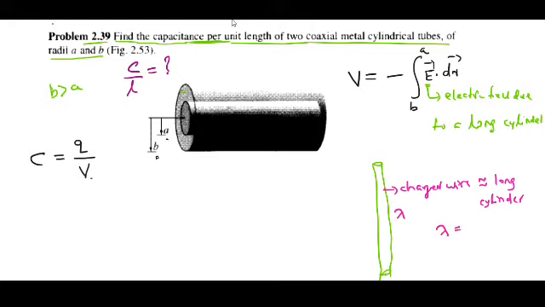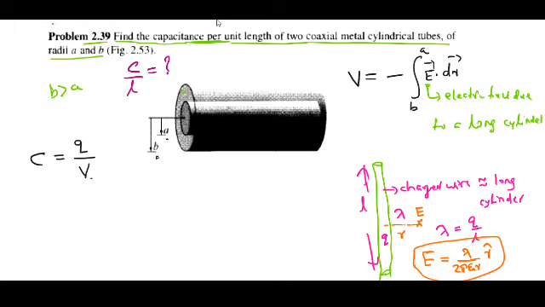This lambda can be written as total charge on the wire or cylinder is Q, and its length is L. This is Q by L. Then the electric field at a distance r due to these charges, or the electric field due to a long cylinder, or the electric field due to a long charged wire, is given by lambda divided by 2 pi epsilon 0 r, r cap.